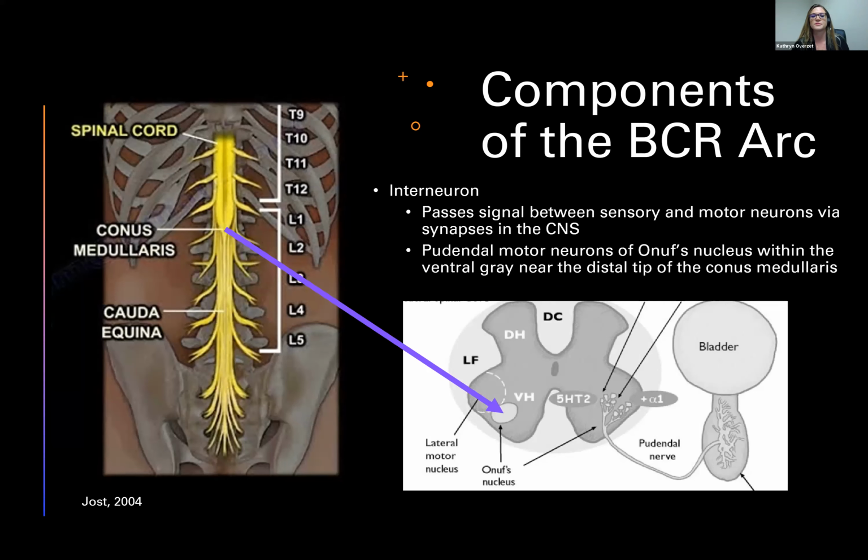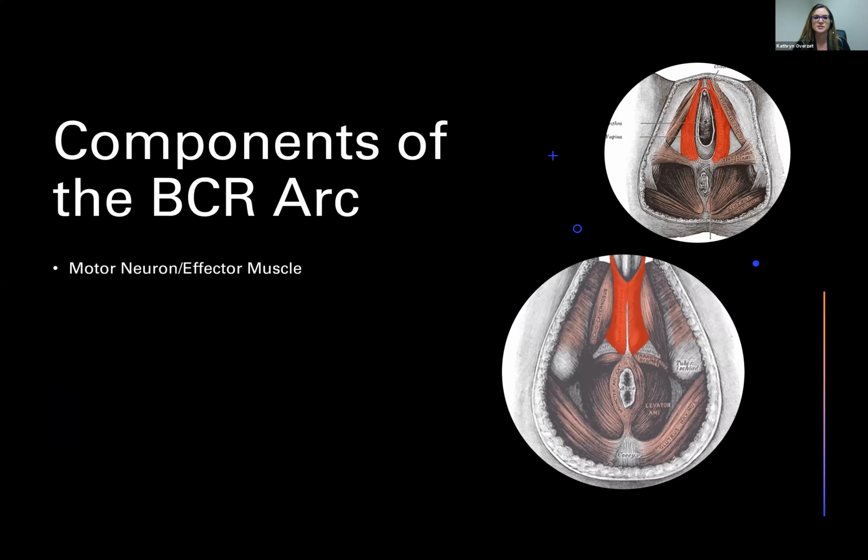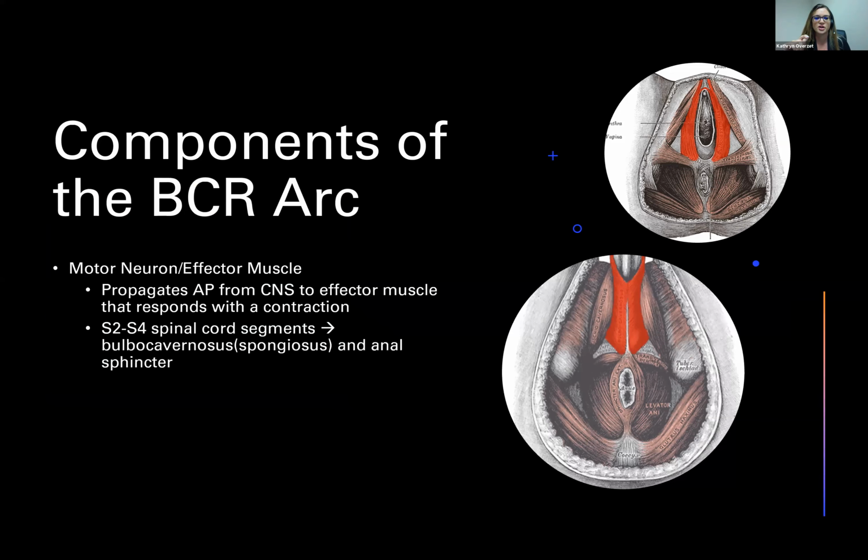Specifically for the BCR, you have a group of pudendal motor neurons in the conus known as Onuf's nucleus, located in the ventral gray near the distal tip of the conus medullaris. That sends another signal back down the chain via the motor neuron to an effector muscle, and that causes a contraction.